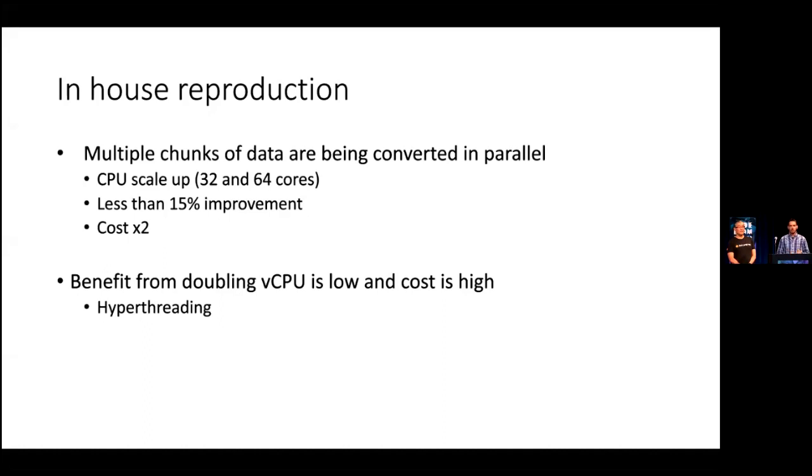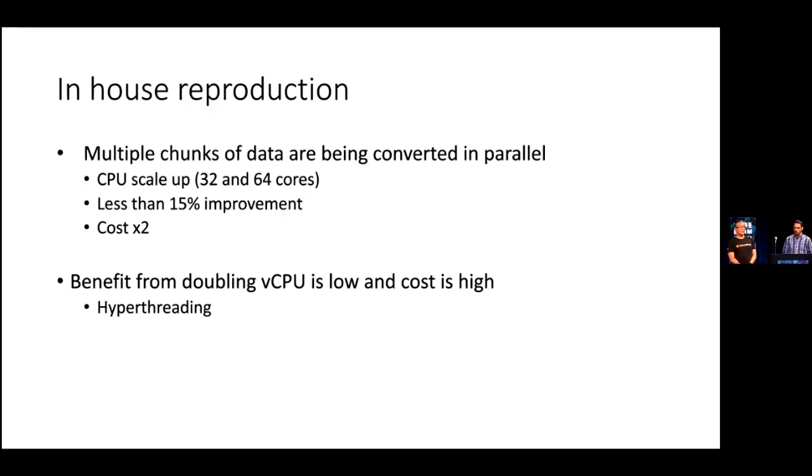So it's important to know that HyperQ will receive the data from the cloud database engine, and it will split the data into multiple chunks, and the chunks will be converted in parallel. HyperQ converts multiple chunks in parallel before sending the data to the client.